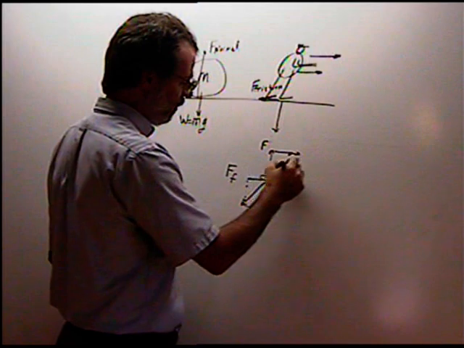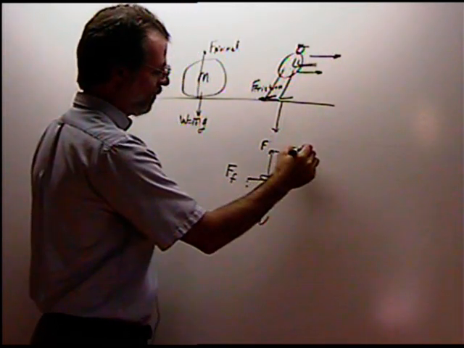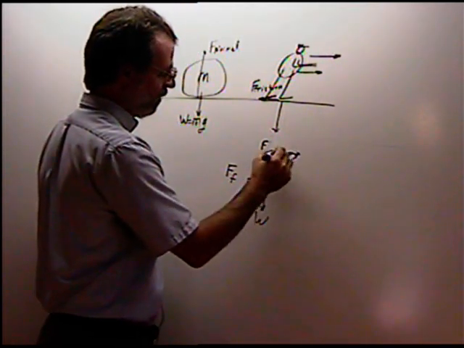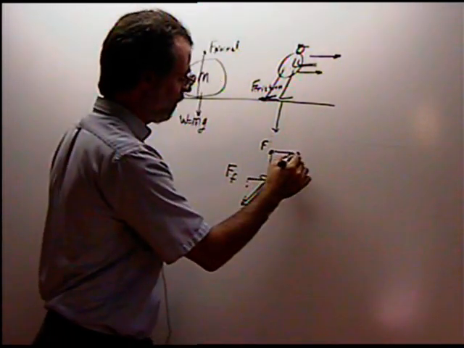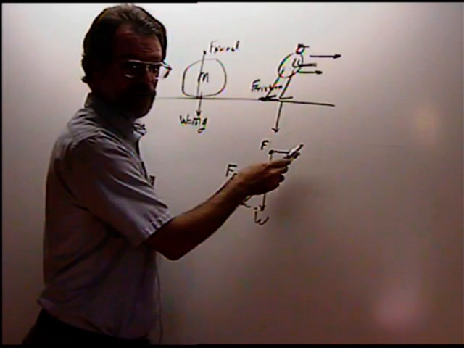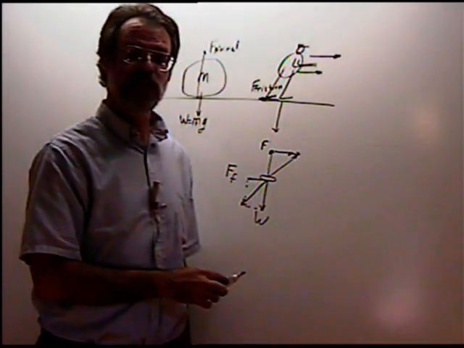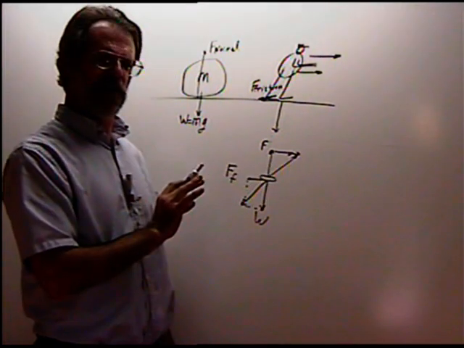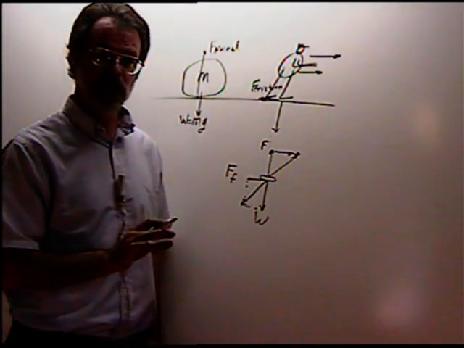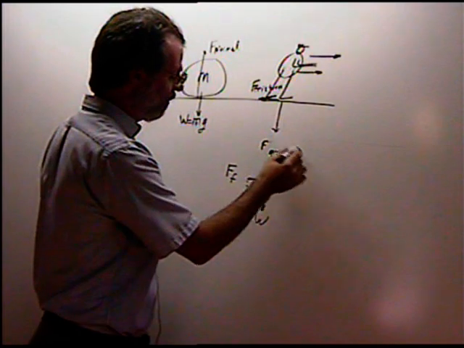The total force acts at an angle to the vertical. You have to lean into it. You have to lean forward to walk, and that's because you have to counter the friction.